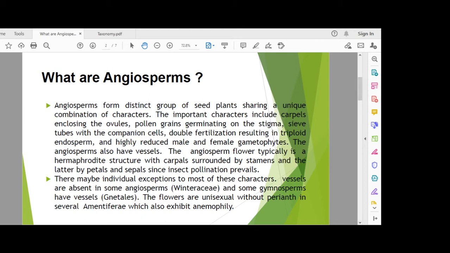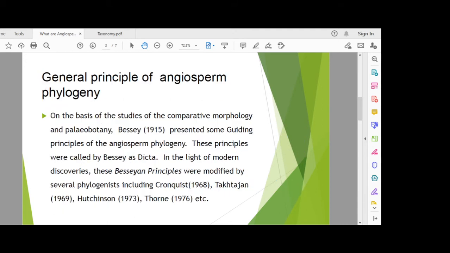Now, general principles of angiosperm phylogeny. According to Thorne, the botanist working on phylogeny faced three major problems: incomplete and inadequate fossil records, prevalence of convergent evolution, and vast modifications in the structure of these plants.